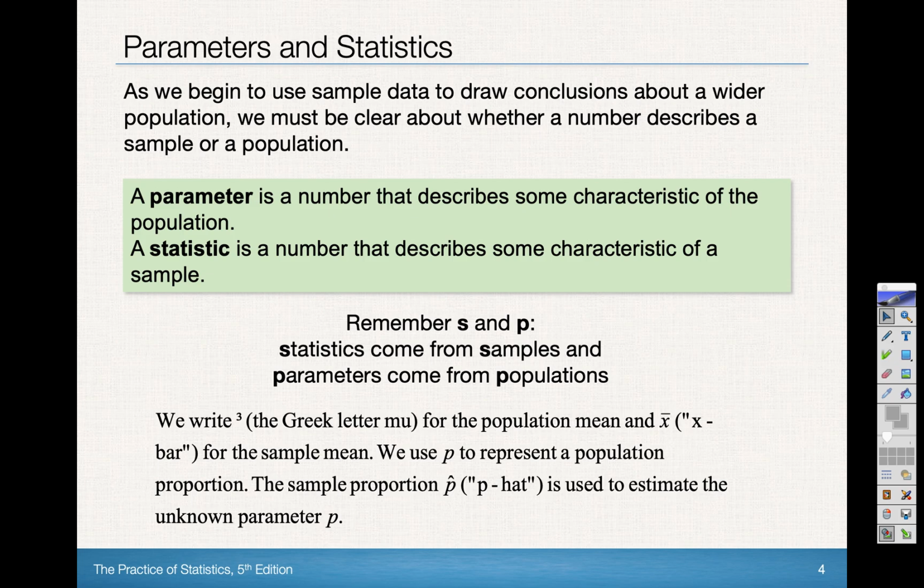If we're talking about proportions, we use P to represent a population proportion. So P is a parameter, while P hat, so P with a little hat on it, represents the sample proportion, also known as a statistic. So we have mu and P are parameters, x bar and P hat are statistics. And those are universally known in the data analysis world, and we'll be using those moving forward.